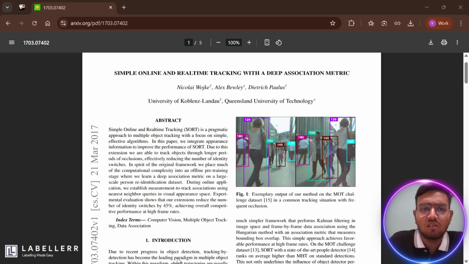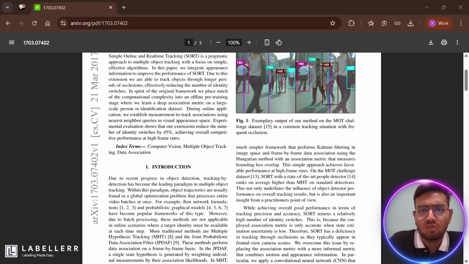Think of IOU as a measure of how much two rectangles overlap. If they overlap a lot, the system assumes they are the same object. But when objects get occluded, that means blocked from view, this approach fails miserably. So, how did the DeepSORT authors solve this?